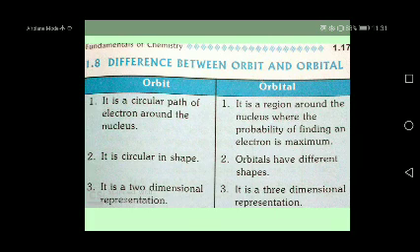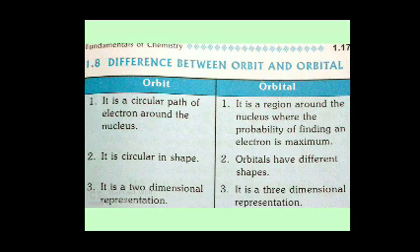An orbit is circular in shape, only one shape around the nucleus. Orbitals have different shapes: p orbital is dumbbell shaped, d orbital is double dumbbell shaped, and s orbital is spherical.